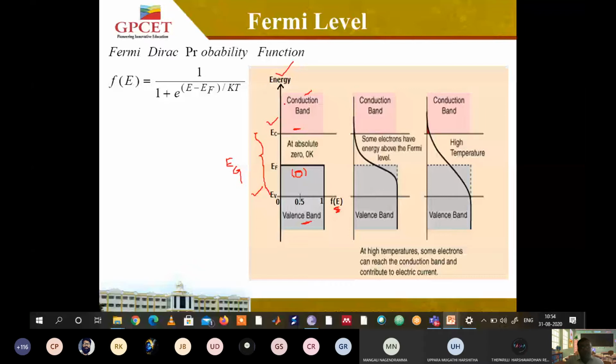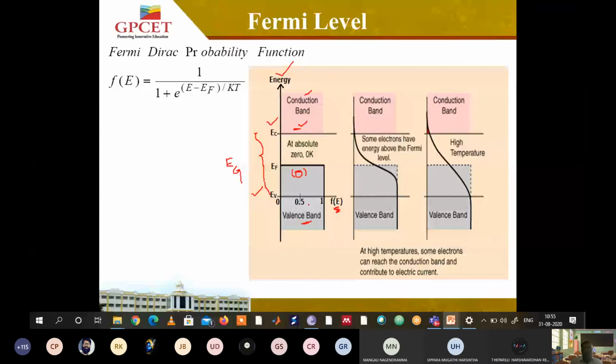Okay, now what is this Fermi level? The Fermi level is a level where 50% of electrons are filled, or an energy level where 50% of electrons are filled in the atom. So here, while an electron is jumping from valence band to conduction band, from this point to this point, there is a level in between valence band and conduction band.